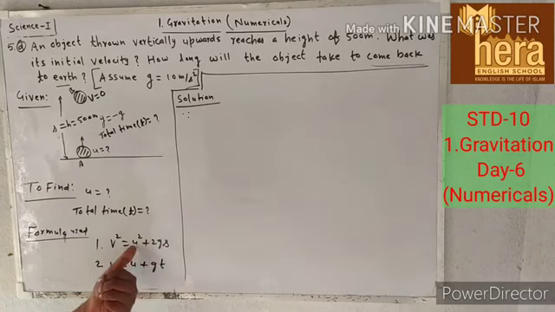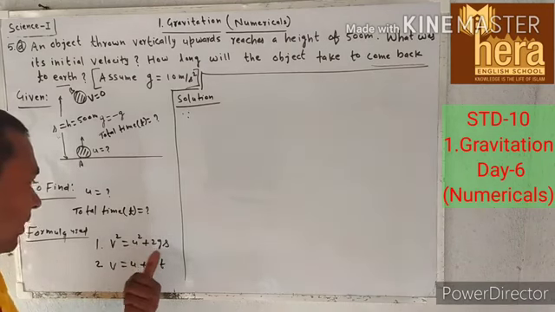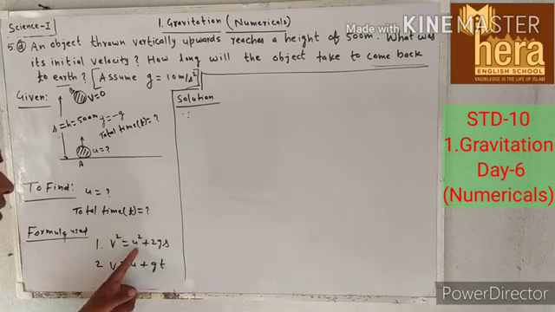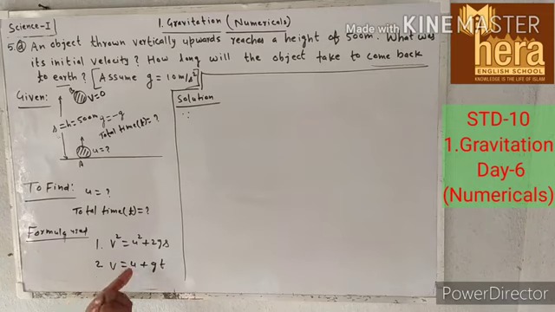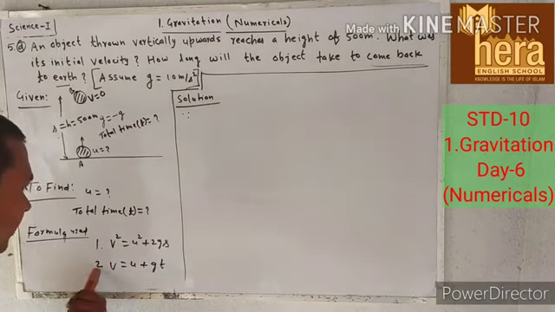So only one unknown variable is there in this equation. That's why we will use this one. From this equation, we will find the value of u, and we will put the value of u in the second equation. v is given, u we will find from equation number 1, and g is given, t is not given. So from the second formula we can find time t, time of ascending.